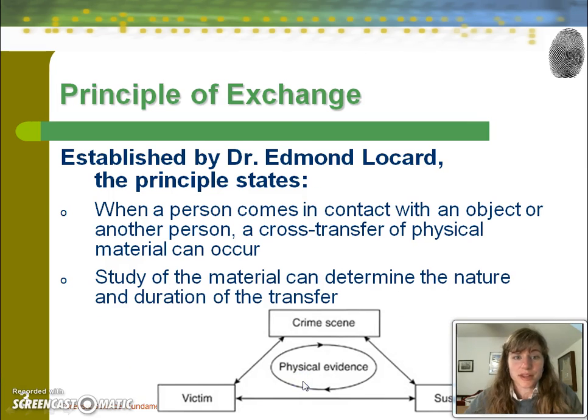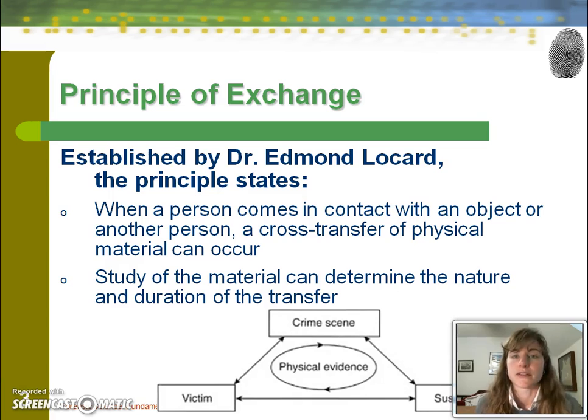Alright, so we'll jump in with the basis for trace evidence, which makes up a large portion of the physical evidence that could be collected from a victim, a perpetrator, or from the crime scene. And it goes back to Dr. Edmund Locard's principle of exchange. Basically, when there's contact between an object and another person, or person to person, there's a cross-transfer of physical material.